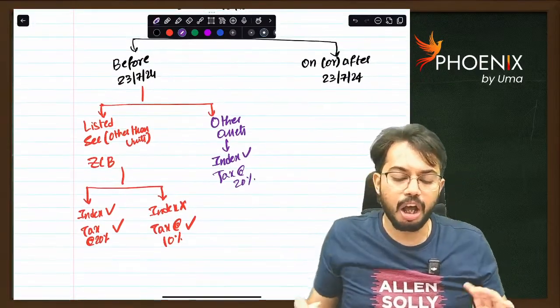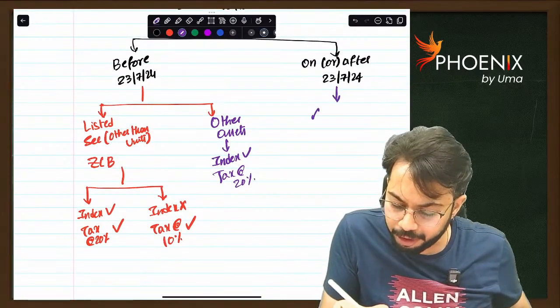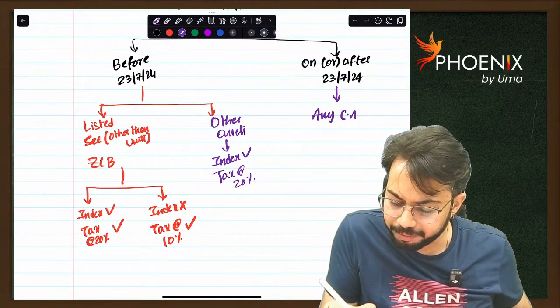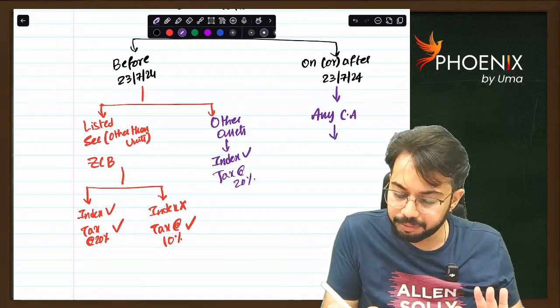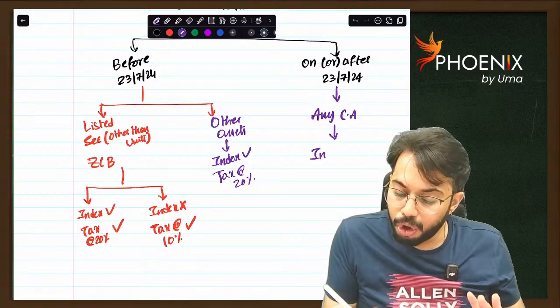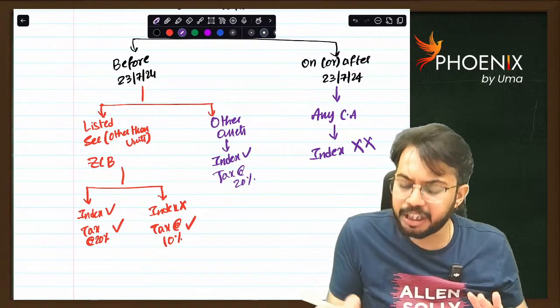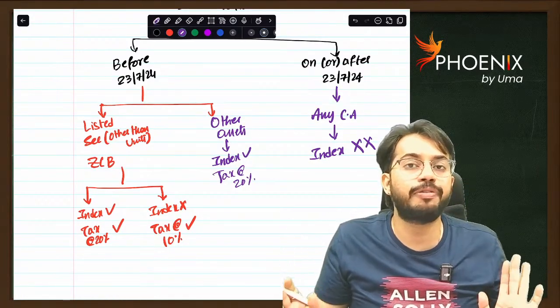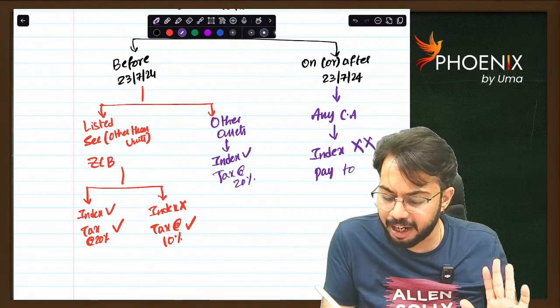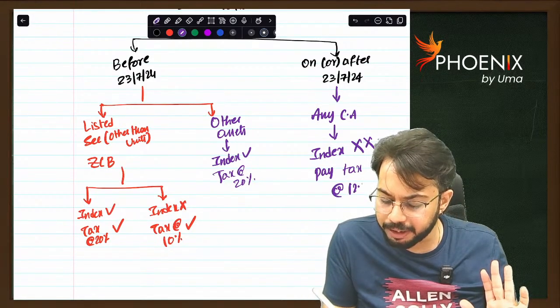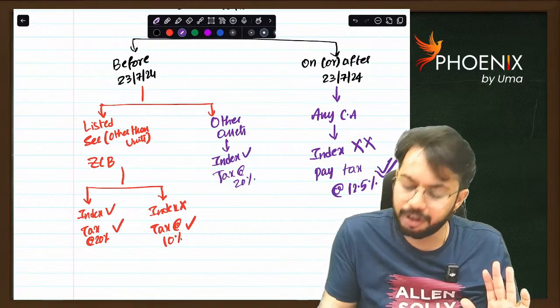Okay, on or after 23rd July 2024, if any capital asset is a long-term capital asset, then don't claim indexation benefit. Indexation benefit is not available on or after 23rd July 2024 and you are required to pay tax at the rate of 12.5%.